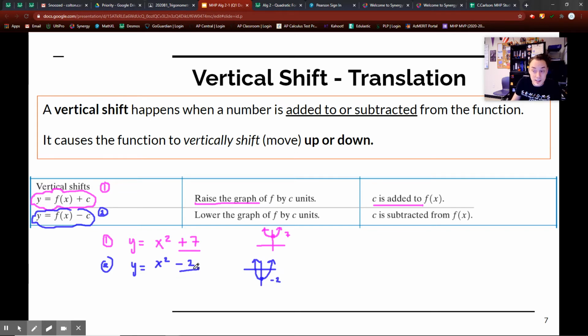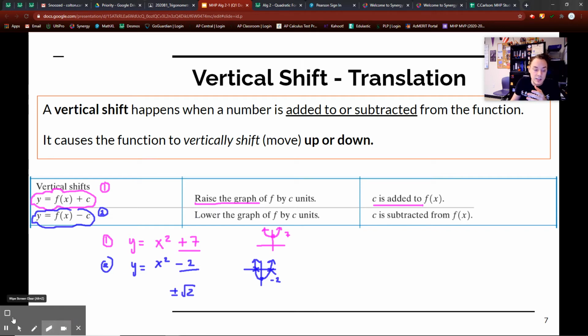Now this does have an x-intercept. I could set this equal to 0 and add the 2 over. And so the x-intercept is actually plus or minus radical 2. That's where it hits the x-axis, right here and then right here. So just take those transformations and relate them to how we're actually working through our graphs right now. So that's vertical shift.